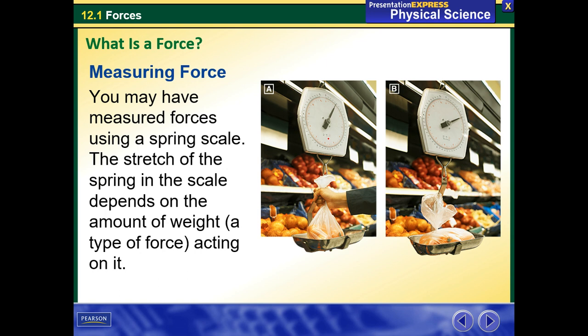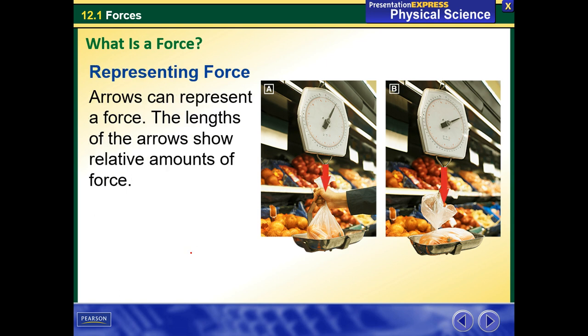That is because a lot of fruits are sold by the pound, and so people want to know how much they are paying for their fruit. So here is a spring scale, and it has a little bucket where you would put your fruit. That will weigh this down, and the spring scale will measure how much that fruit weighs, because weight is a type of force.